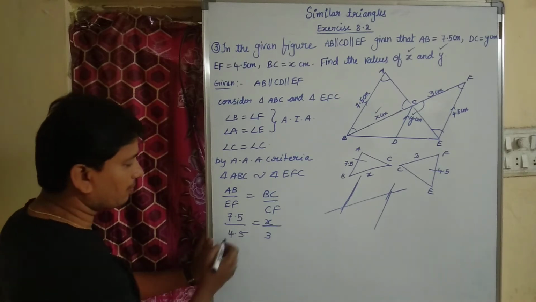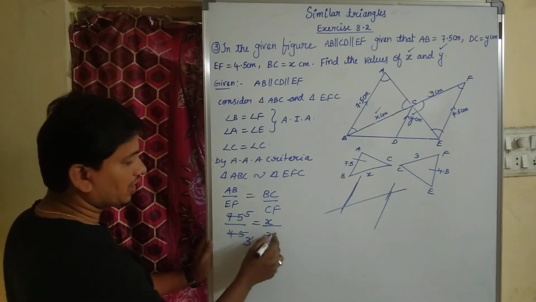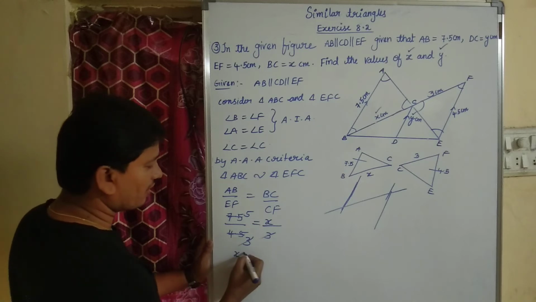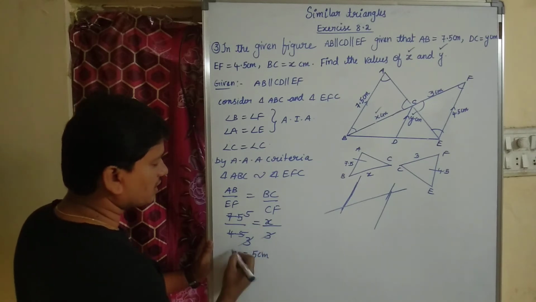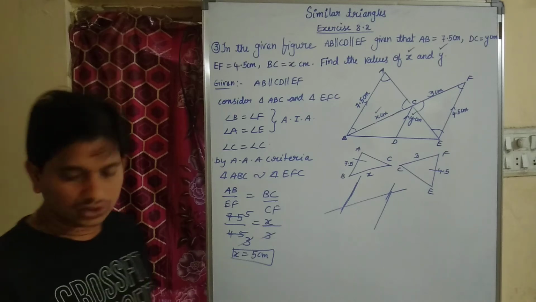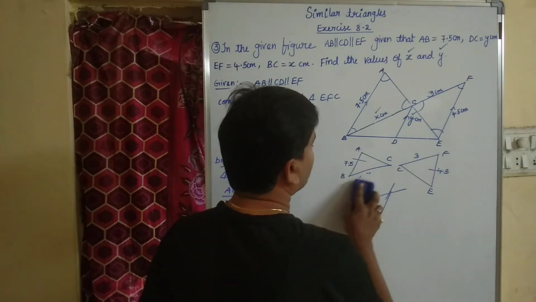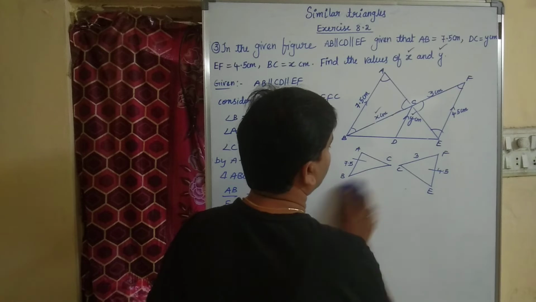So students, 15 3s are 45, 15 5s are 75. So 3 gets cancelled. So what is the value of x? The value of x is 5 centimeter. We found the x value by considering two triangles, triangle ABC and triangle EFC.